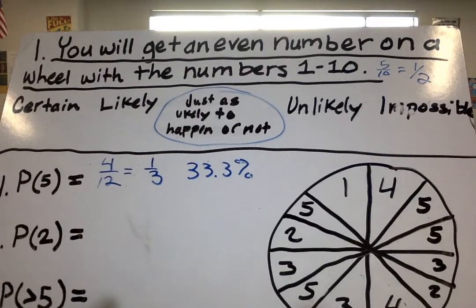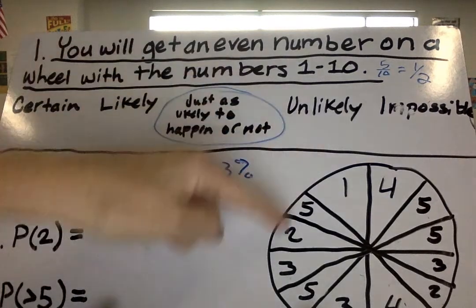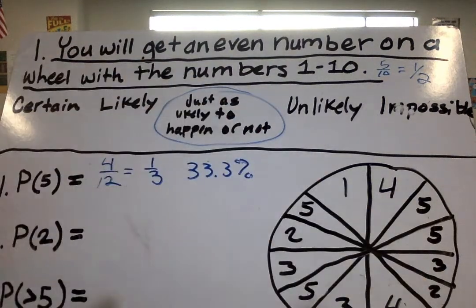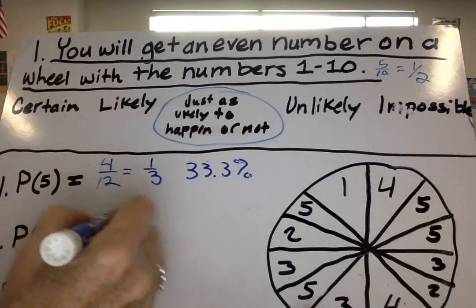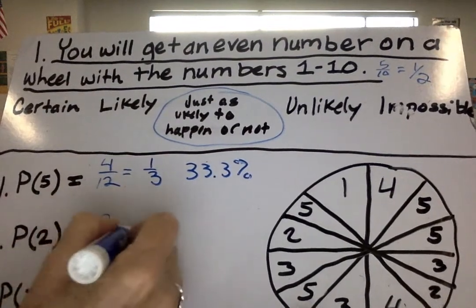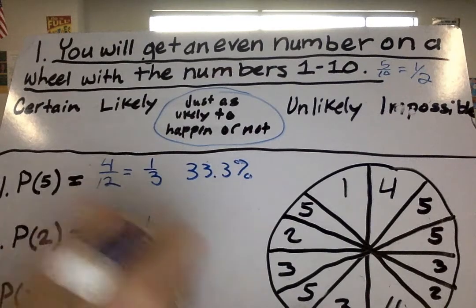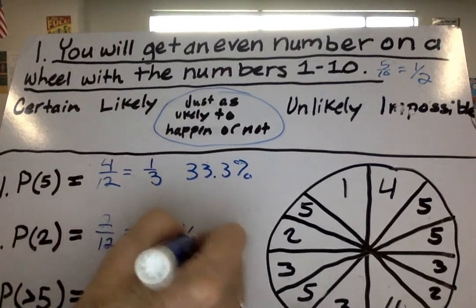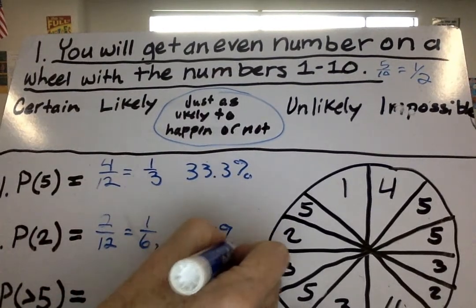Okay. Now I go to the probability of 2. We have 2 twos. So it will be 2 out of 12, which is 1/6. And after doing that other part, I know this is going to be 16.7%.